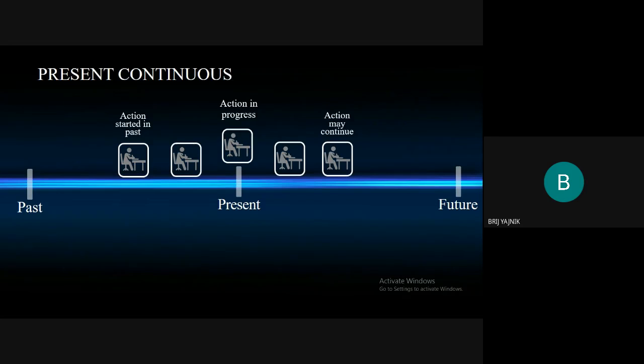We are not sure, but it may continue. Now, you know what this is called? This is called a longer action in progress, but it is for a temporary time. It's for a temporary period.